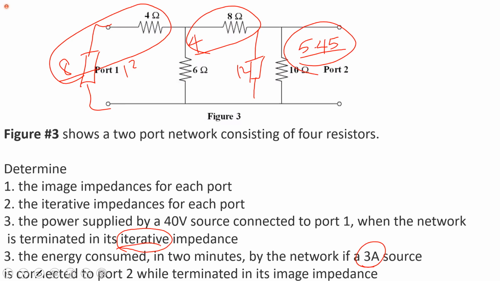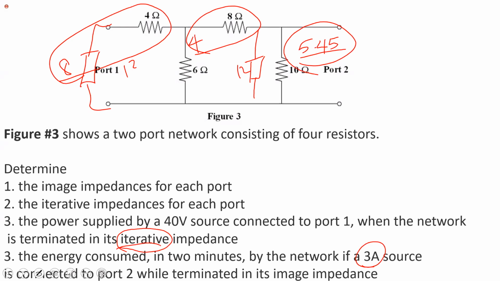All right, sir. For iterative impedance, it says the iterative impedance is the value of impedance which, when connected to one of the 2 ports, produces an impedance of the same value.